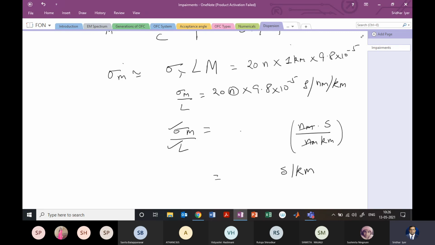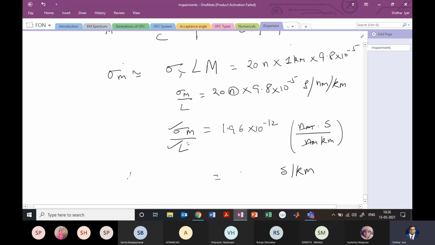If you get something like 196 or 1.96, 98 into 2 will be 196. So if I do that here itself, yes, sir, you'll get 1.96 into 10 raised to minus 12. Or 1960 into 10 raised to minus 15. Or you can just leave it like that.